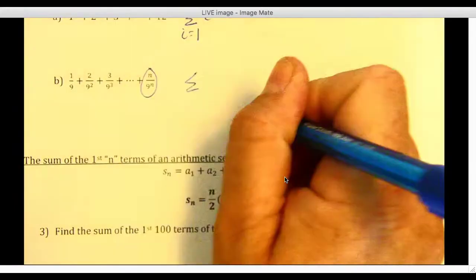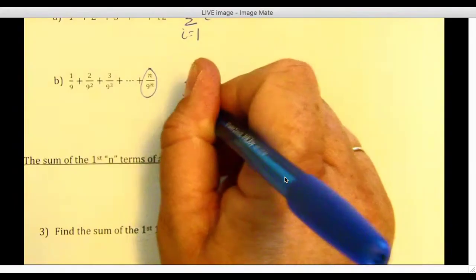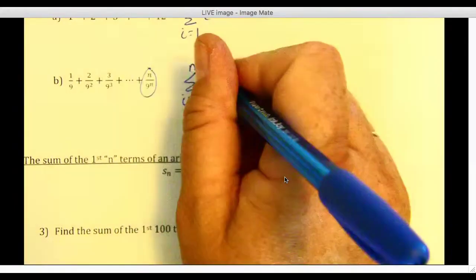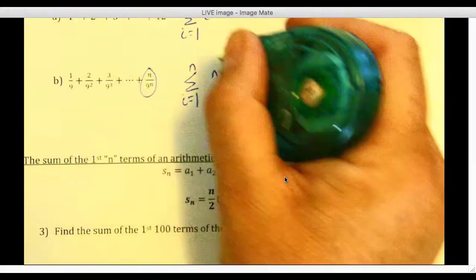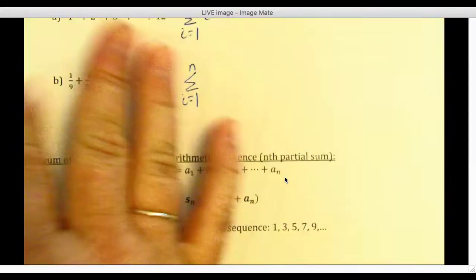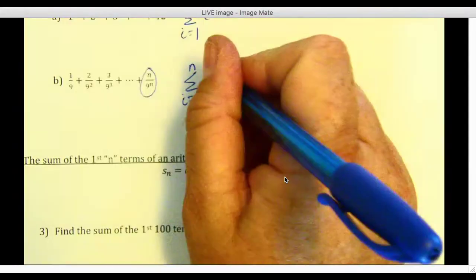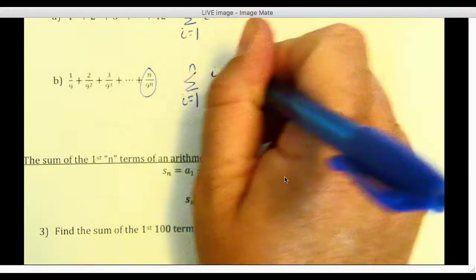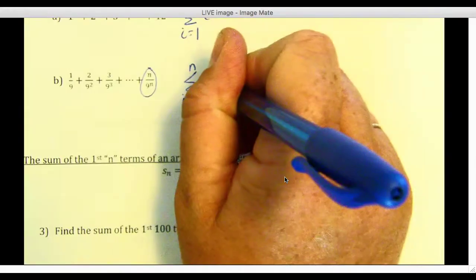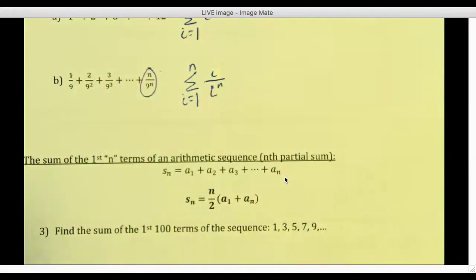So writing this in summation notation is going from 1 to n, and the formula is n, or rather I. Sometimes we use K, sometimes we use N, sometimes we use I. We'll just stay consistent and say from 1 to n of I over I to the nth power. Okay.